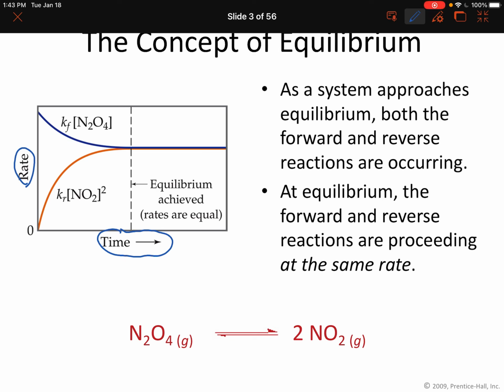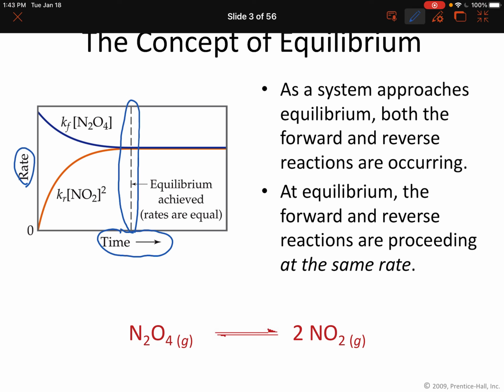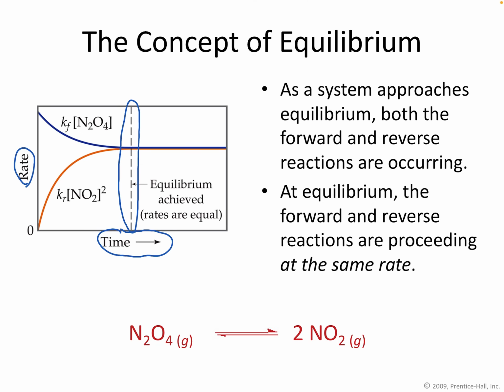And we'll get to talking about that in just a little bit here. But what we see as this dashed line is approached is that's the point at which these rates become equal to each other. So let's talk about how we're getting those expressions and then exactly what it means once equilibrium is achieved and what we can think about with regard to that.